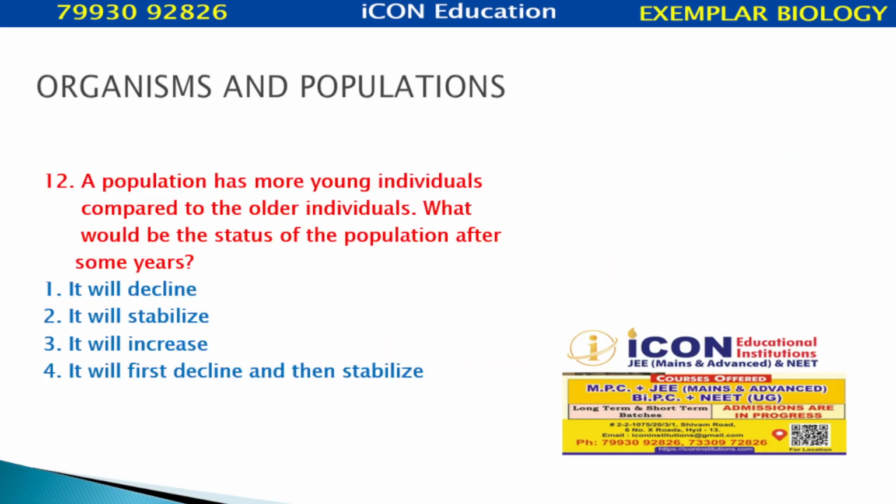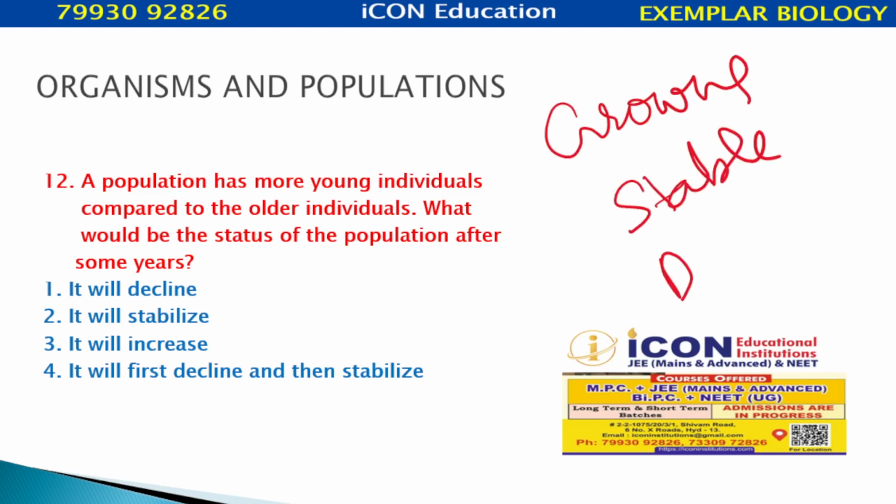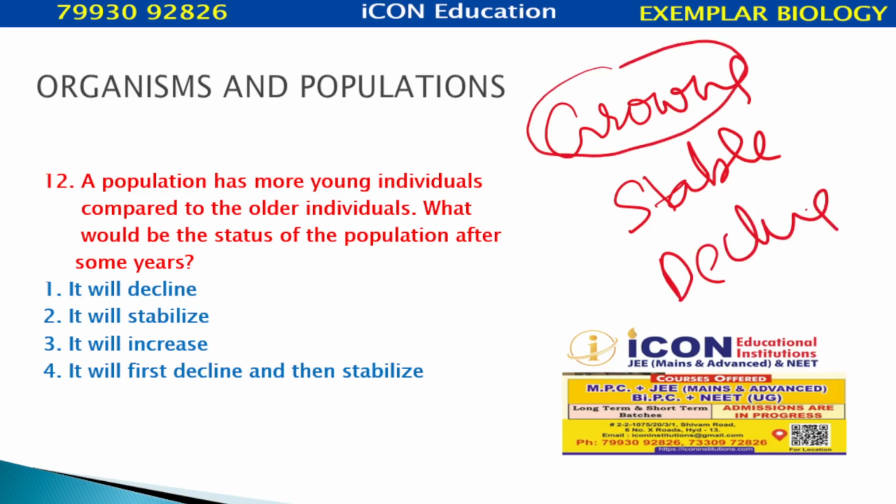A population has more young individuals compared to older individuals. What would be the status of the population after some years? We have three types of populations here: growing population, stable population, declining population. Under our set condition, more young individuals are available in a growing population.